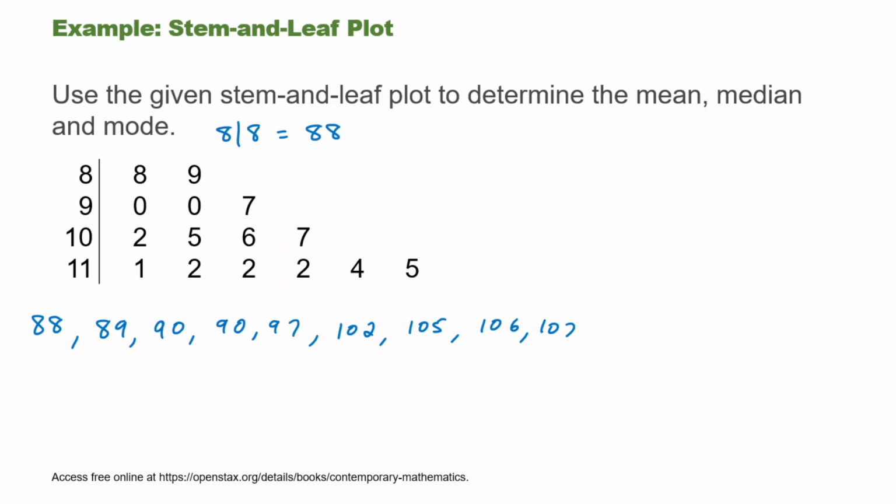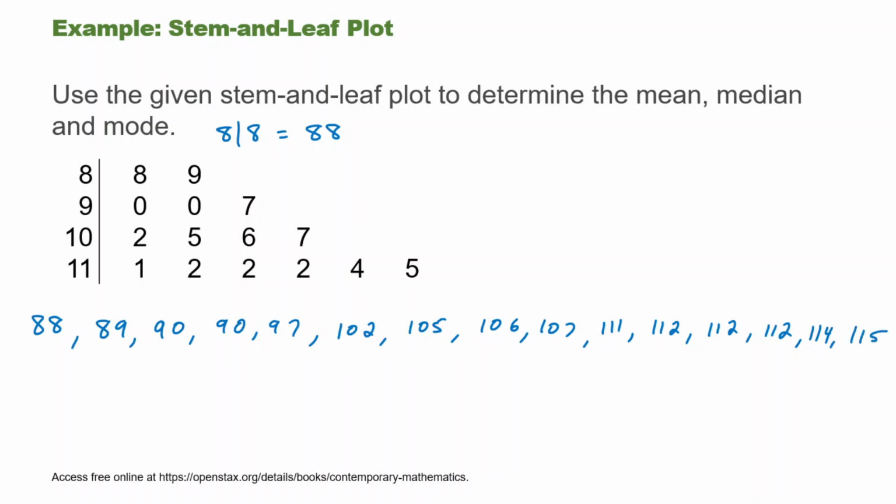With the stem of 11, we have the values 1, 2, 2, 2, 4, and 5. So we will interpret this as 111, 112, 112, 112, 114, and 115.